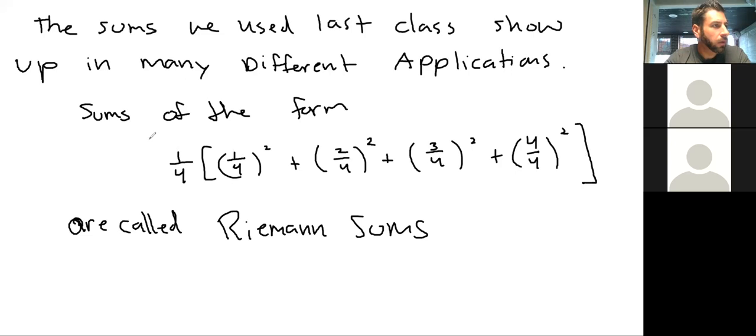Let me rewrite this; I'm going to erase this and write it in better English. I should have said that a little more clearly: a sum of the form blah, blah, blah is called a Riemann sum.